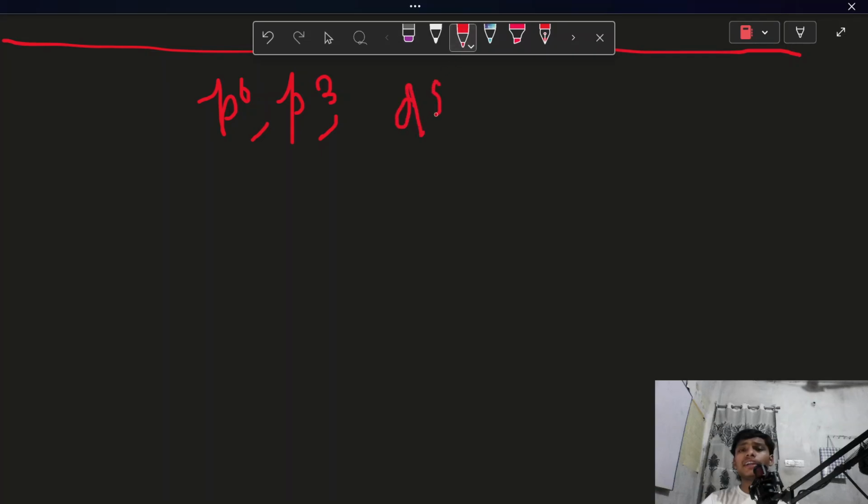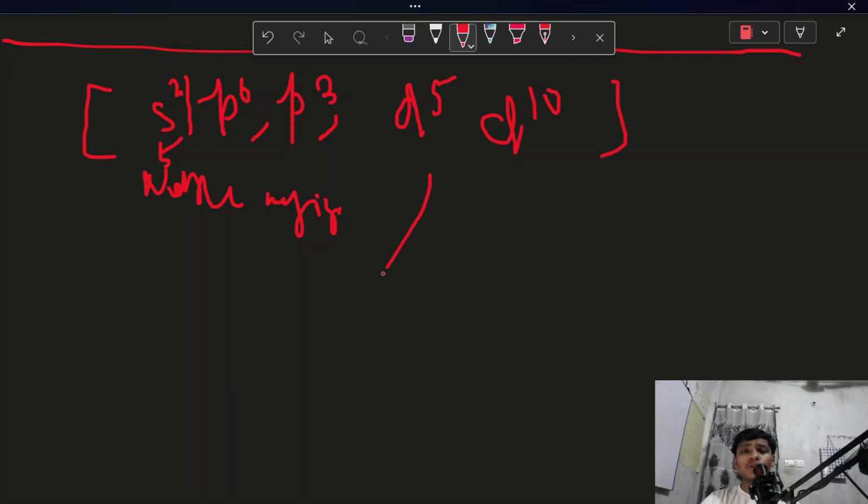So if we are having d5, d10, or sometimes even s2, meaning we are completing the noble gas configuration state, then in all these states, removing an electron from these subshells is very difficult. So the ionization energy of these subshells is drastically high. Whenever you find something following these configurations, you can just mention that its ionization energy is going to be high.